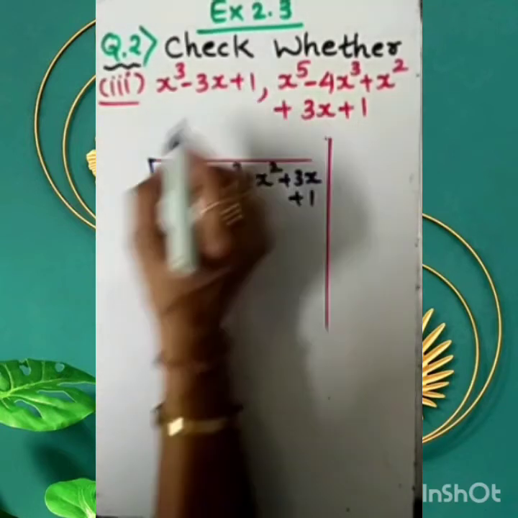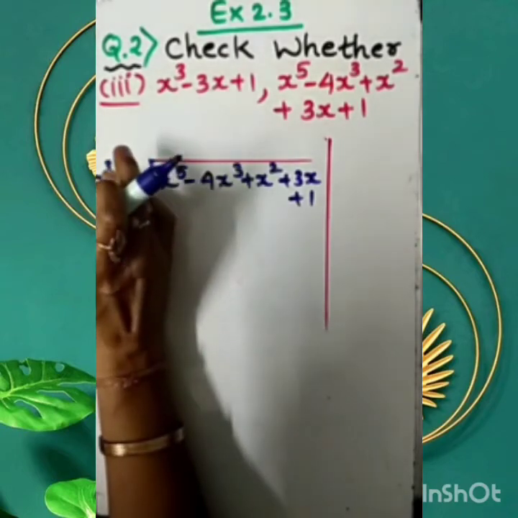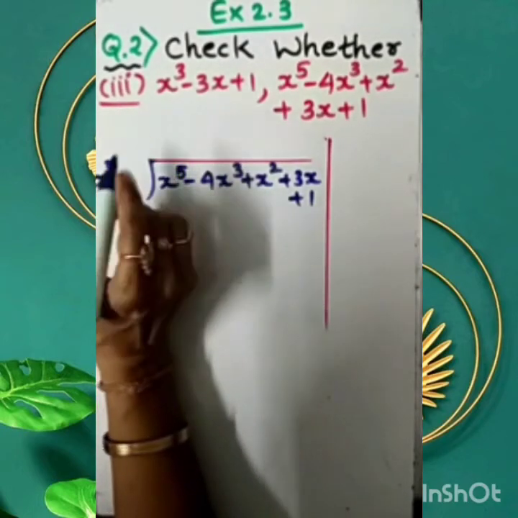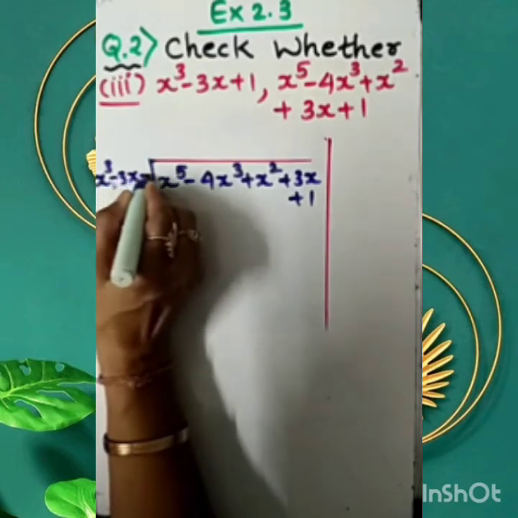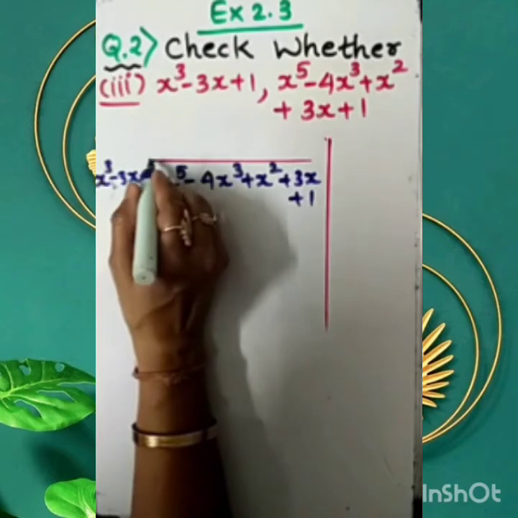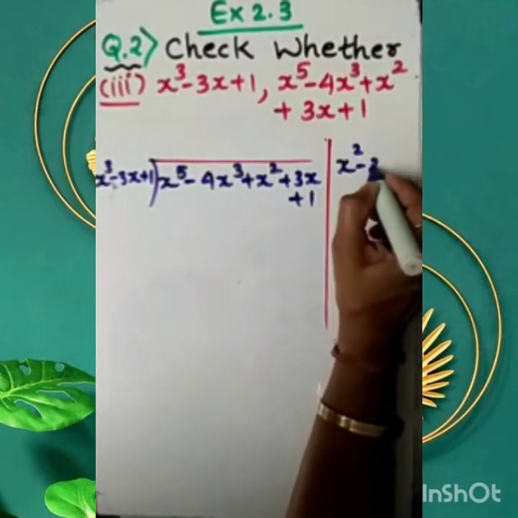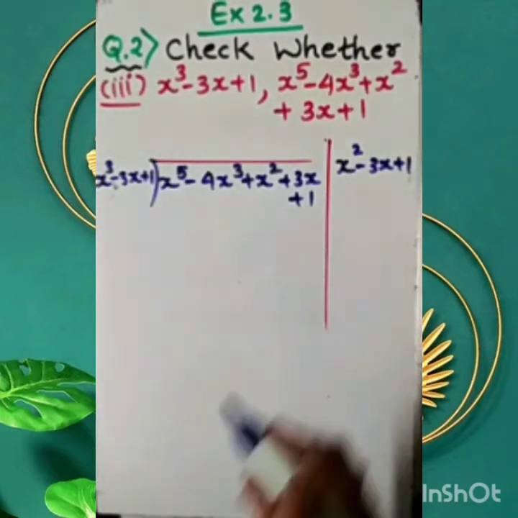This we are going to divide with this x cube minus 3x plus 1. So with this we are going to multiply. Fine. So I am mentioning the same thing, x cube minus 3x plus 1 here.